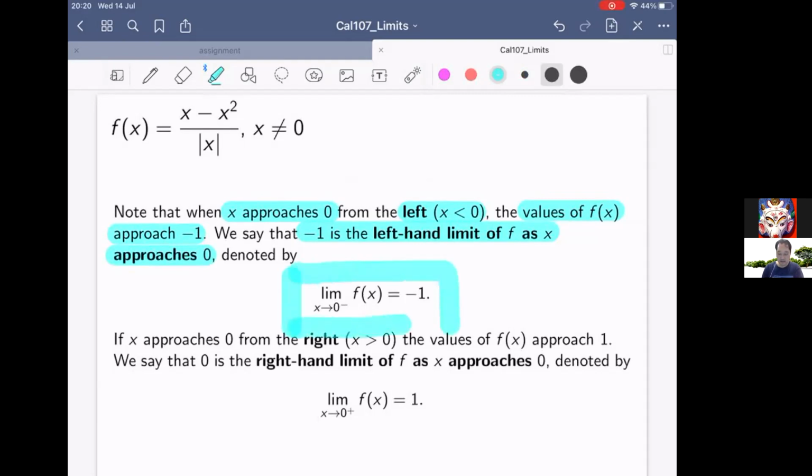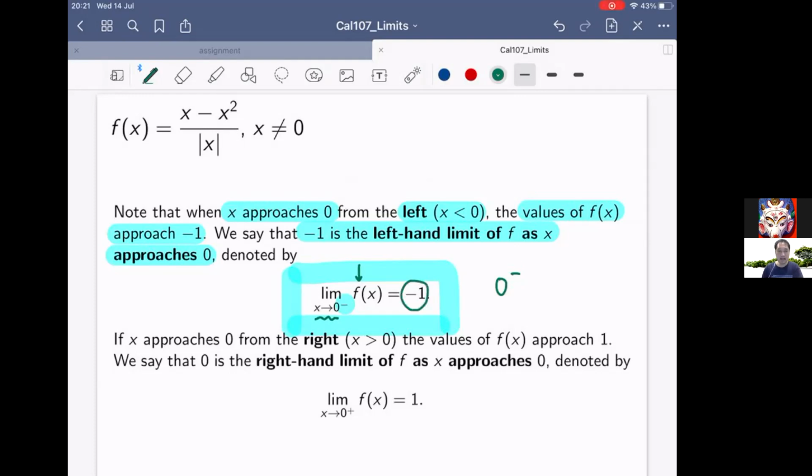Please look at it carefully: to indicate the left-hand side, we use a superscript negative on the 0. We read it as x goes to 0 from the left. So the limit of this function as x approaches 0 from the left equals negative 1.